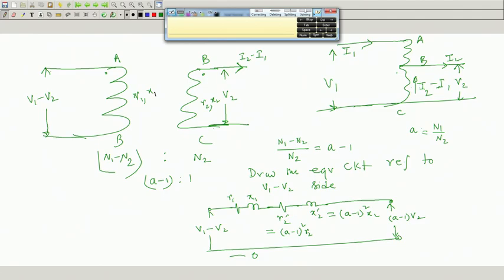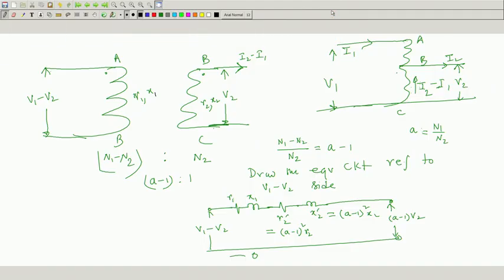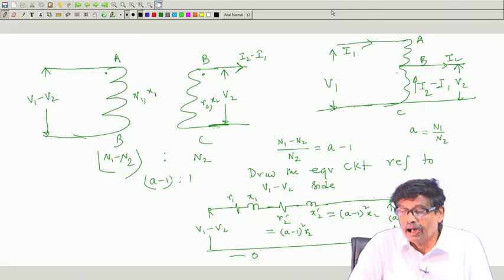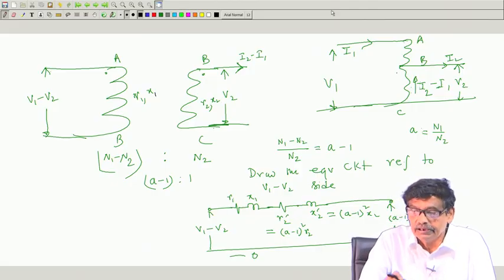Only thing is that the voltage applied to this winding is V 1 minus V 2 and on this side it is V 2. And the current this winding is delivering is I 2 minus I 1, and not this I 2, mind you.